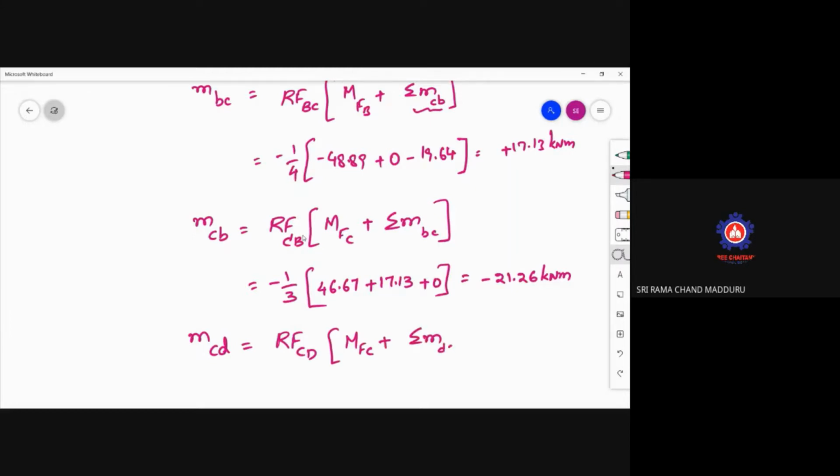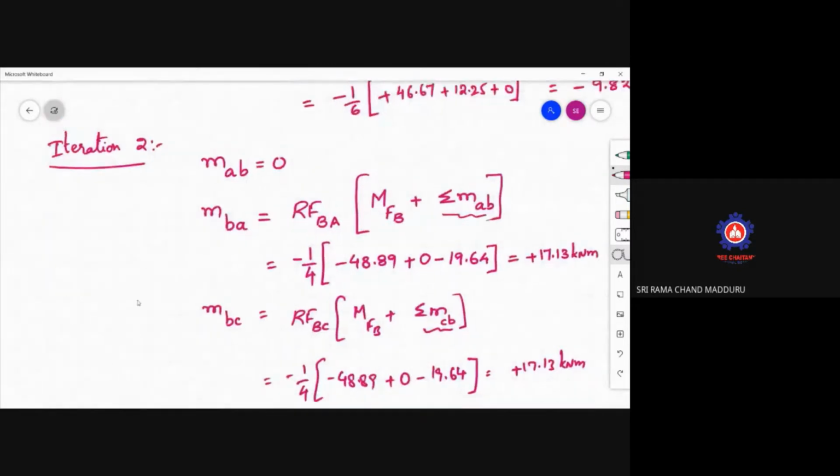Minus 1 by 6 into 46.67 plus 17.13 plus 0, which is minus 10.63 kilonewton meter. Minus 10.63, minus 21.26, minus 10.63.